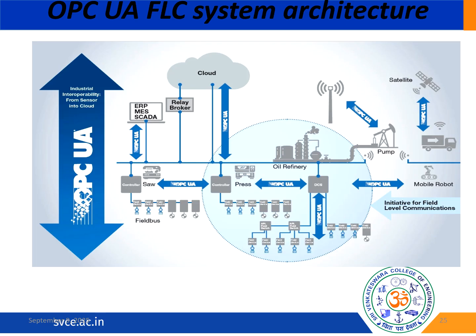The layers specify the field level and other levels. We can have fieldbus, and if we see in this diagram, we have equipment like saws, presses, oil refineries, etc., that we can consider as machines and equipment. Field devices and fieldbus can also be represented here.